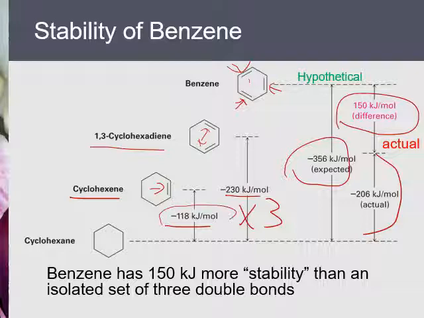Remember in the last 2 slides we showed that the smaller the heat of hydrogenation, the more stable the compound, the double bond or alkene is. So this result indicates that benzene is 150 kJ more stable than the hypothetical structure with 3 double bonds.